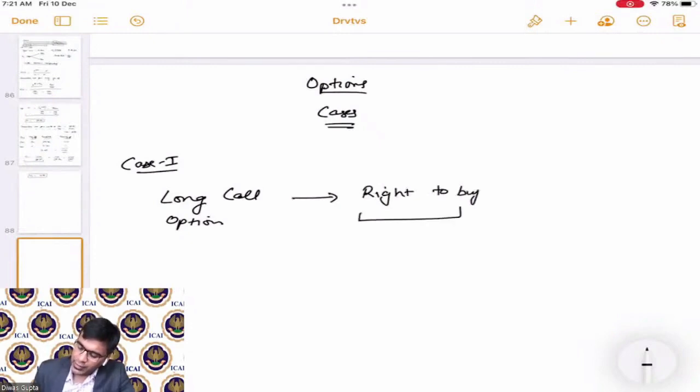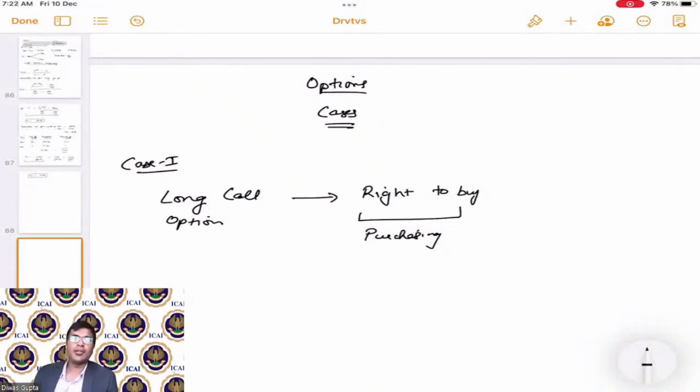This we are actually purchasing. So the right to buy is purchased if we are doing a long call option. Now, if you're purchasing the right to buy, that means on a future date, you have to pay the strike price equivalent value to get the shares back. Correct? To get the shares back, you have to pay the strike price.